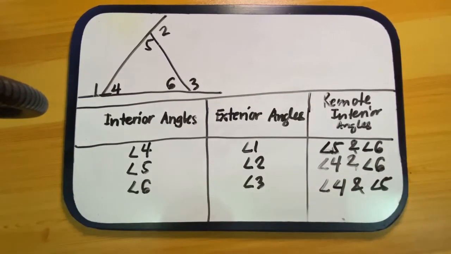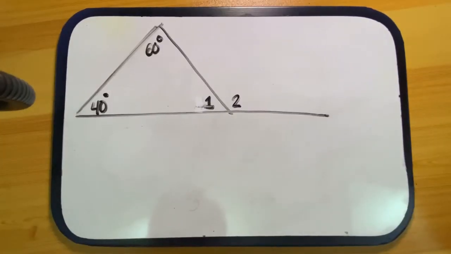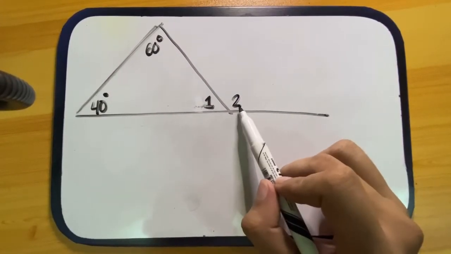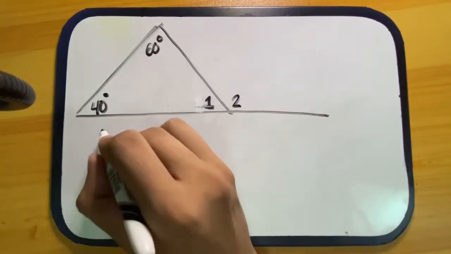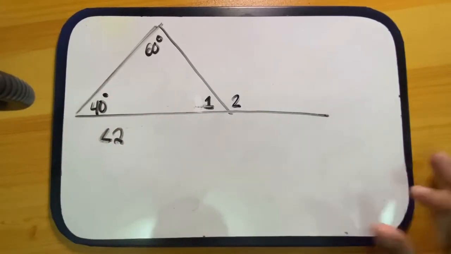Okay, let's have an example. Okay, we have here an example. So if you notice, we have the unknown measurements of angle 1 and angle 2. Here, the exterior angle is angle 2, so we need to find the measurement of angle 2. Okay?